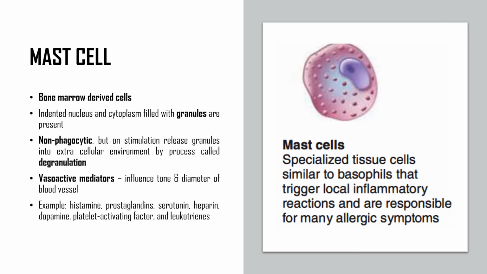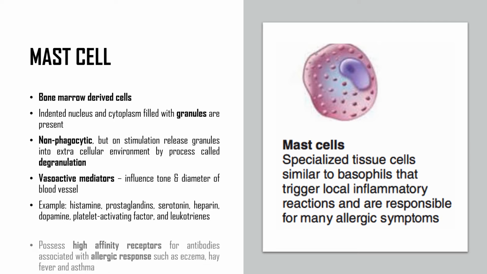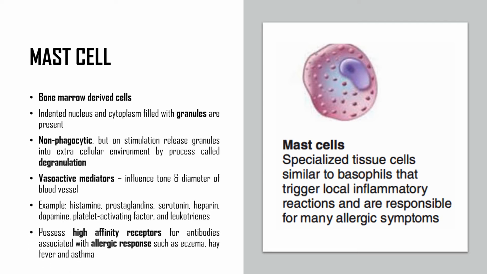Additionally, mast cells possess high affinity receptors for the types of antibody associated with allergic response. When they become coated with this type of antibody, binding of antigen to the antibody triggers the release of preformed vasoactive mediators.